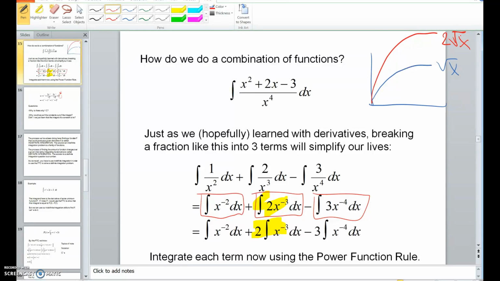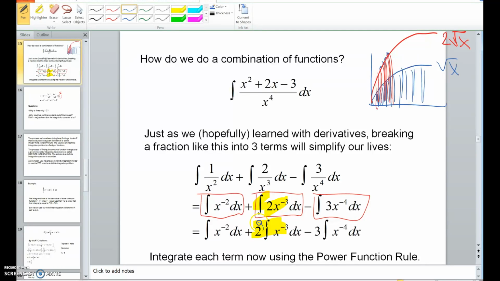If I'm trying to find the area underneath 2 times square root of x, I can find the height of each of the rectangles underneath 2 square root of x and add them all up. But if I found the area underneath just square root of x and then multiplied that total area by 2, I'd get the same number, because each of the heights of the infinitely skinny rectangles on 2 root x are double the height of the rectangles on root x, so the area you're going to get is double.